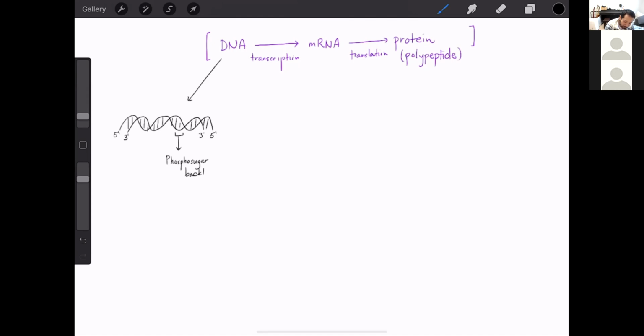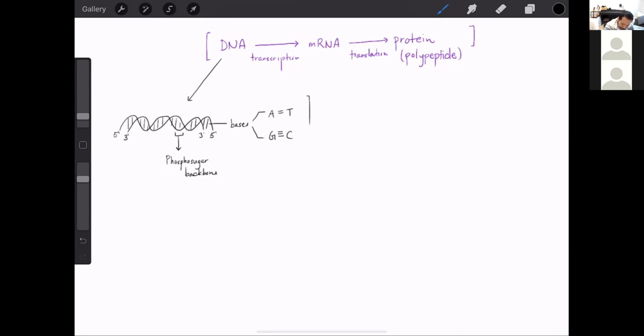And in the middle, we have our nitrogenous bases, which are built into this adenine to thymine and guanine to cytosine relationship, wherein the hydrogen bonds between each of those pairs are a little bit different. So A and T have 2 hydrogen bonds, and G and C have 3 hydrogen bonds. Okay, great. So that's what we have going on.